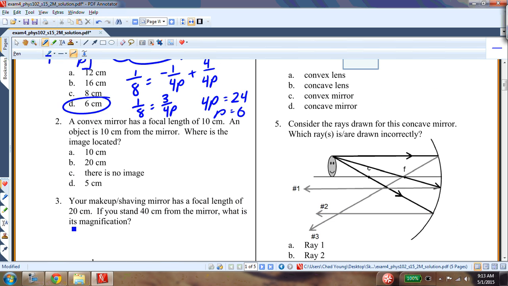A convex mirror has a focal length of 10 centimeters. An object is 10 centimeters from the mirror. Where is the image located? All right, a convex mirror has a negative focal point, so it's negative 10, and the object is 10 centimeters. I just want to know q.